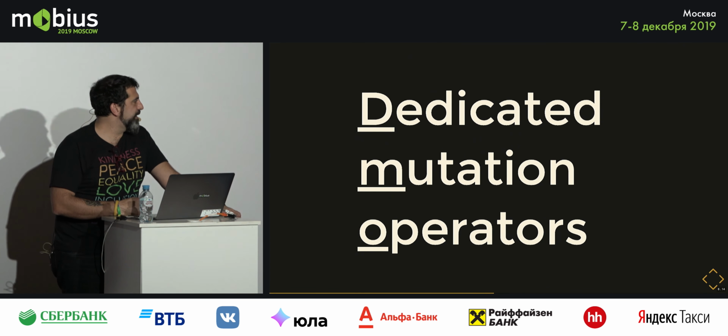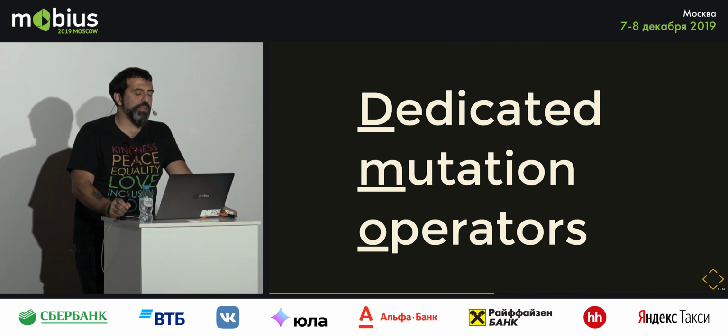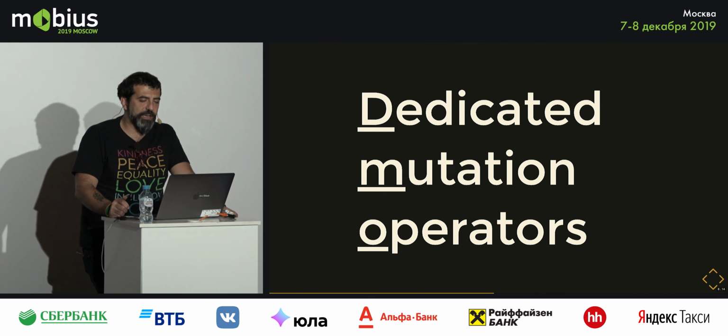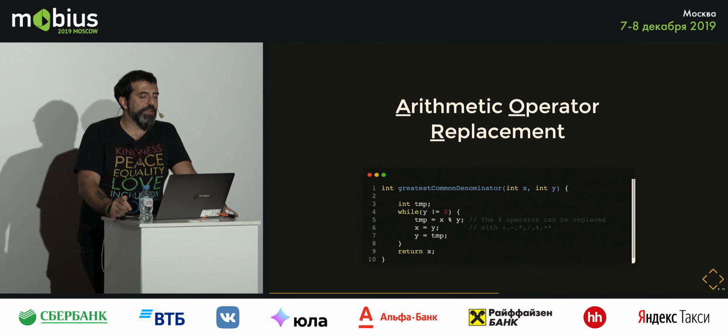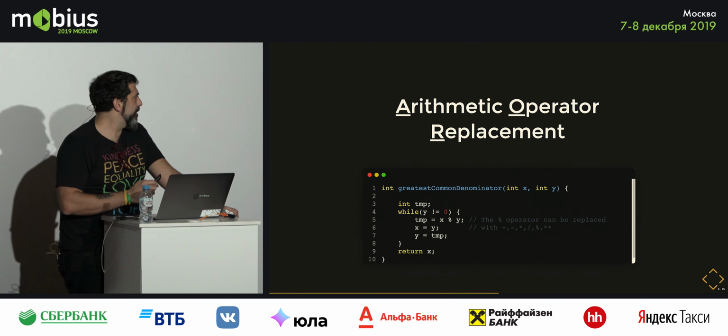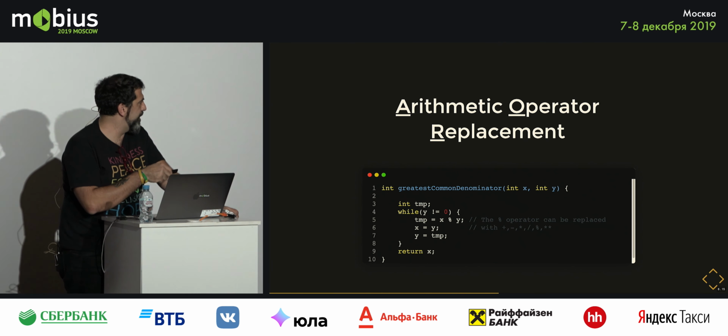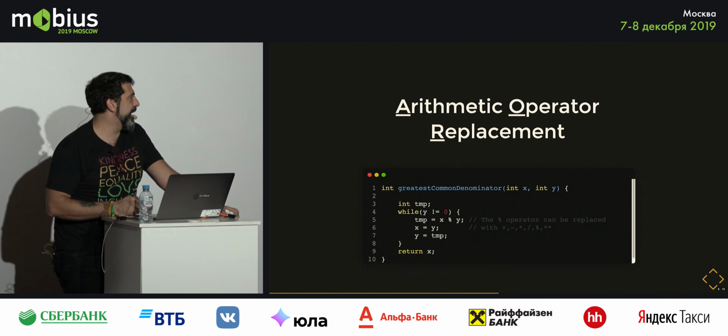With mutation testing, you have a lot of mutations at the operator level. Meaning, for instance, that you have an arithmetic operator replacement. The arithmetic operator replacement basically changes the modulo division, and this can be replaced with plus, minus, multiply, whatever. And that obviously will create a problem.